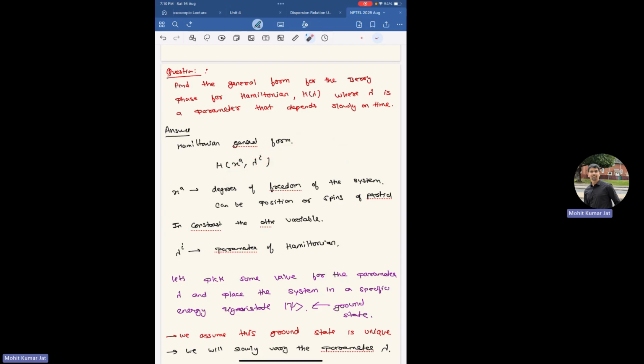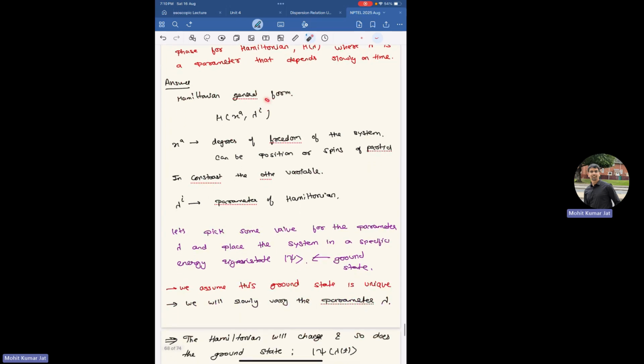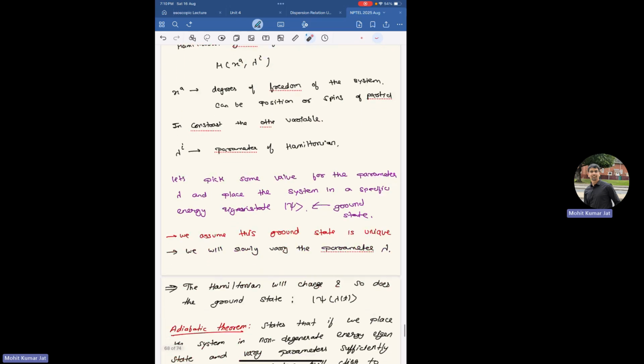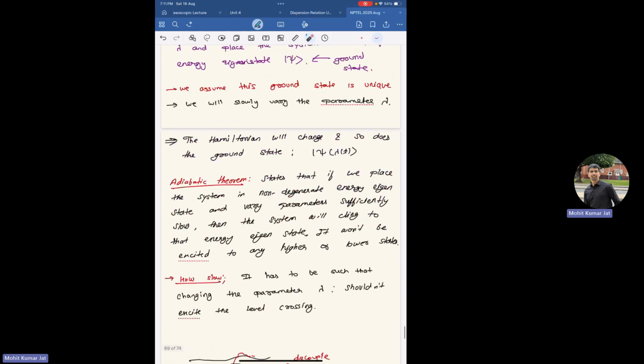For example, it can be the magnetic field. Generally it is the magnetic field in the interference pattern of these quantum Hall states, edges, all those things, and also in the Aharonov-Bohm effect, it's the magnetic field. So one of the parameters can be the magnetic field. Similarly, you can choose the other parameters, but you'll have to choose them such that the system moves adiabatically.